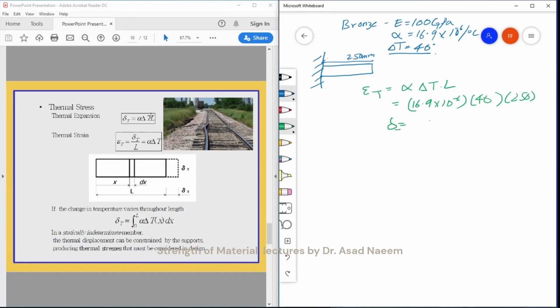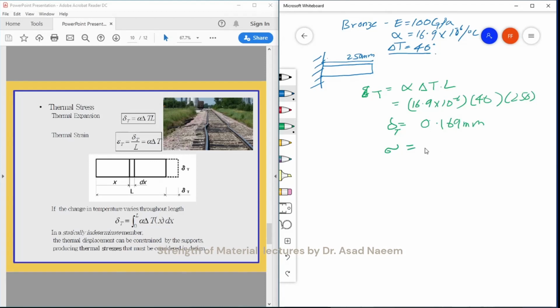This is delta T. So this will be equal to 0.169 millimeter. Now, अगर हम लोग इस तरफ देखें, so is there any stress developing due to this temperature change?